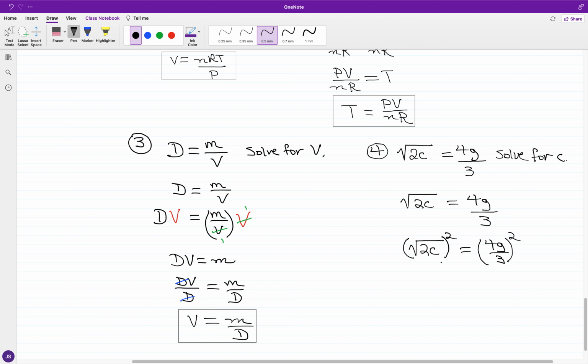And upon doing so, I got square root of 2c squared, so this will become 2c, and for 4g over 3 squared. So 4 squared is going to be 16, and we've got g to the second, and 3 squared is going to be 9.